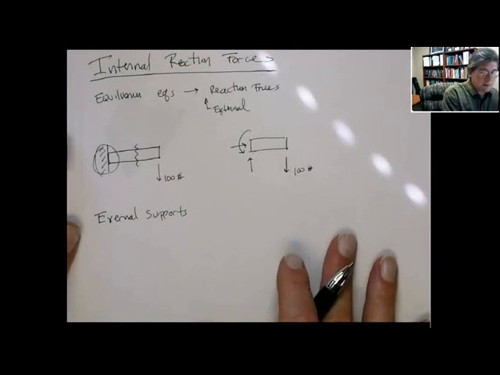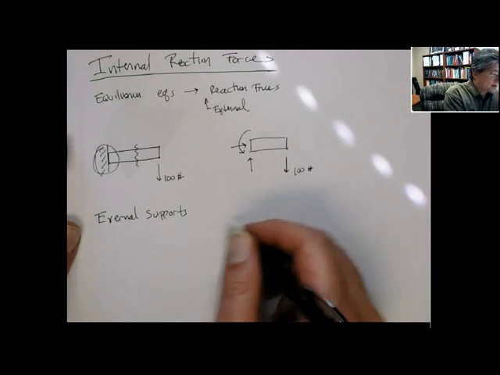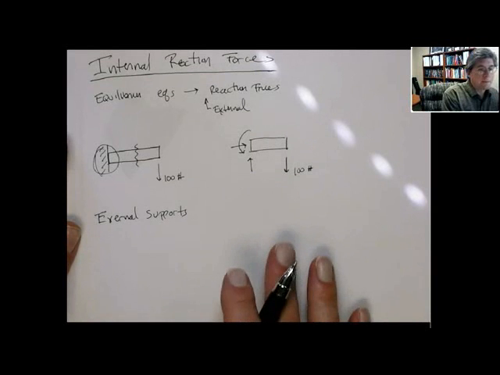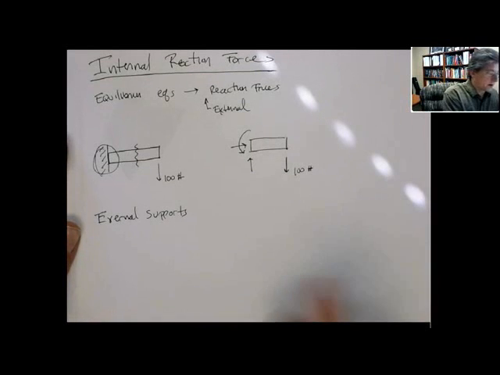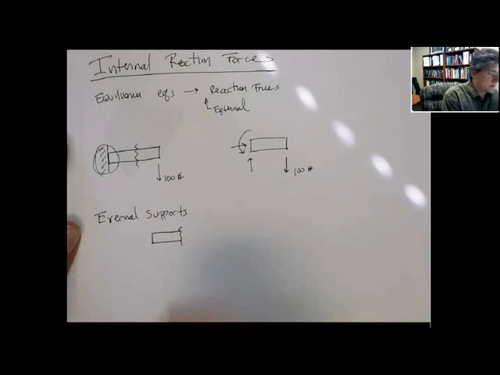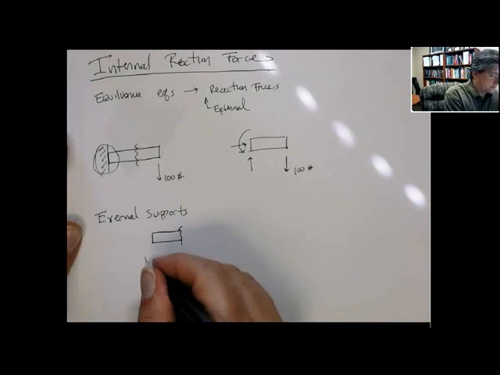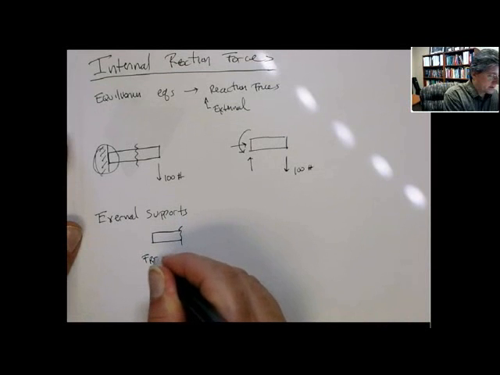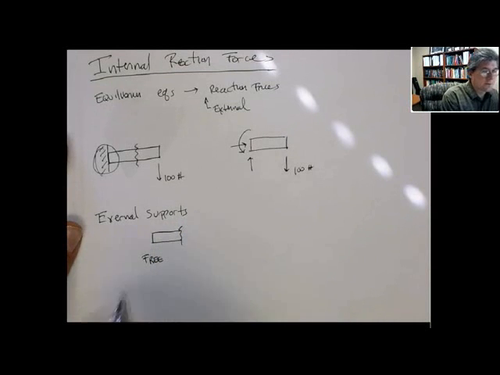So in this class, we pretty much have the following types of supports going from lesser to greater. So the first type is a free end. This really isn't a support. There's no reaction forces there.